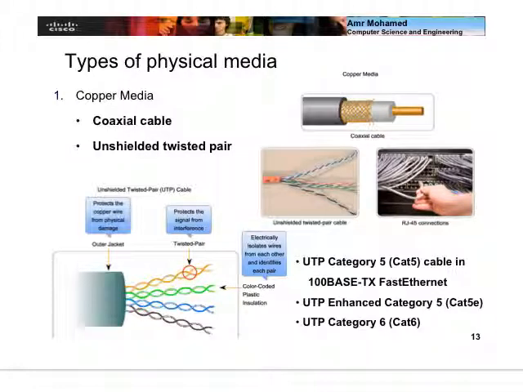So this makes the coaxial cable capable of carrying a signal with a very wide frequency, I think in the range of 500 megahertz, whereas for shielded and unshielded twisted pair, it tends to be a lot less than that.